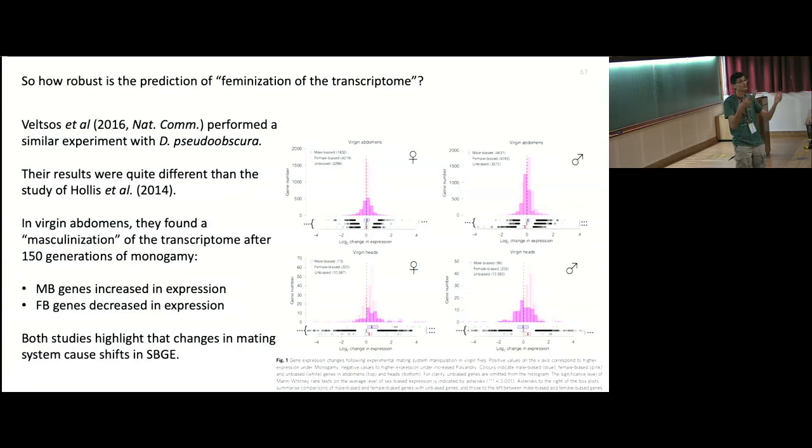So you might expect to find exactly the same results, but their results were in fact very different. After 150 generations of monogamy, they found male bias genes increased in expression, exactly the opposite, and that female bias genes decreased in expression.